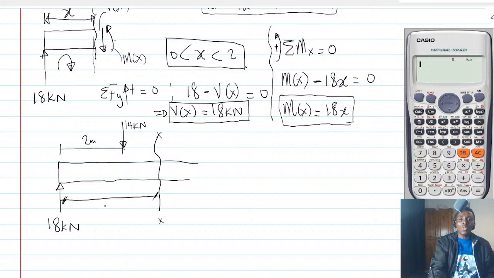So now this is what we know. We know that this is x. But the small distance here is what? X minus 2. Because if the whole of this is x and this is 2, then the small distance here is what? X minus 2. Alright? Okay.